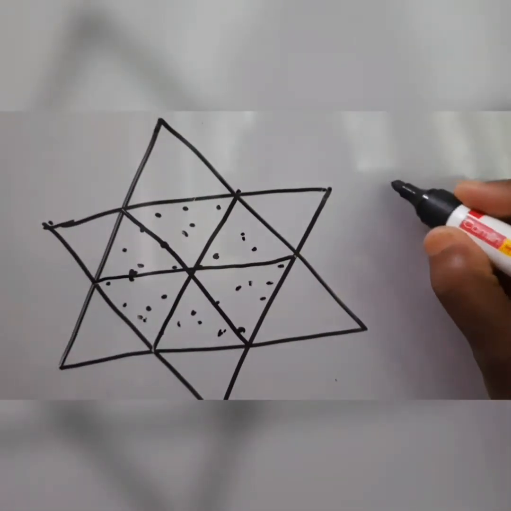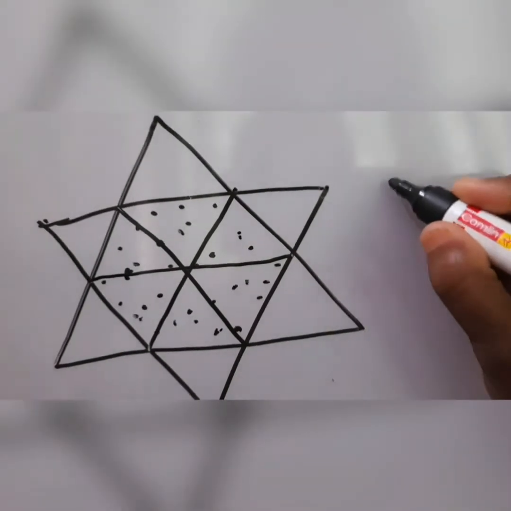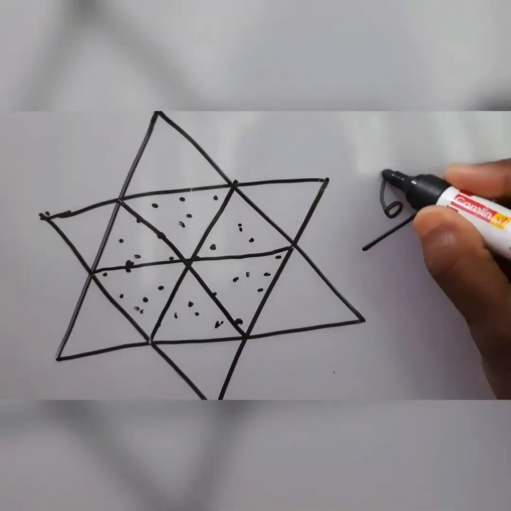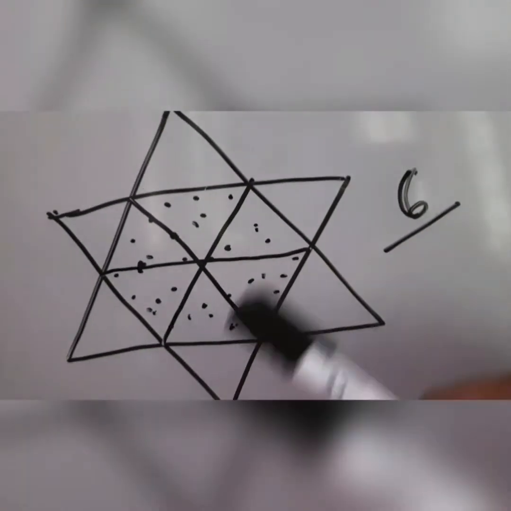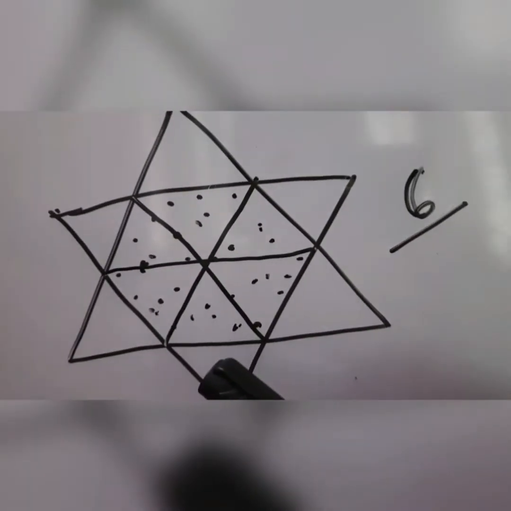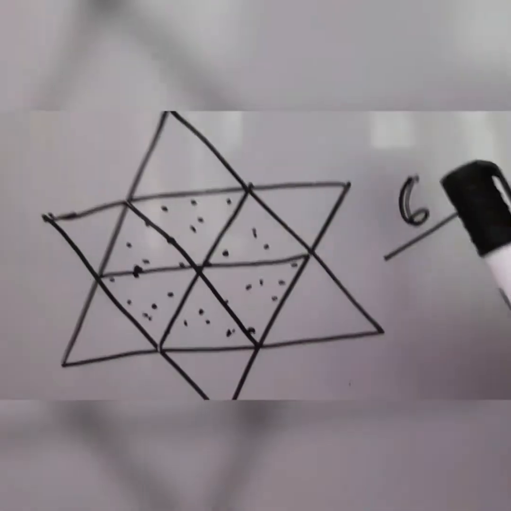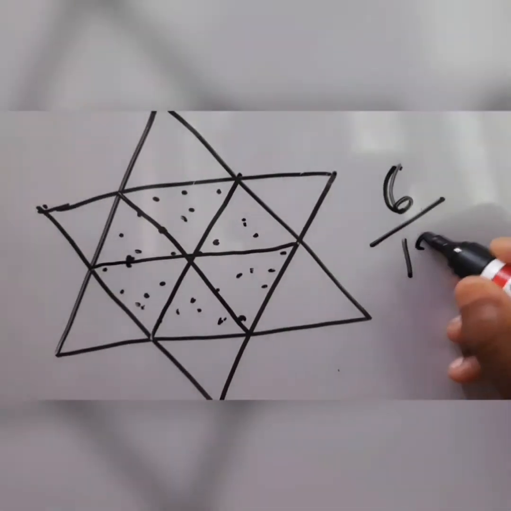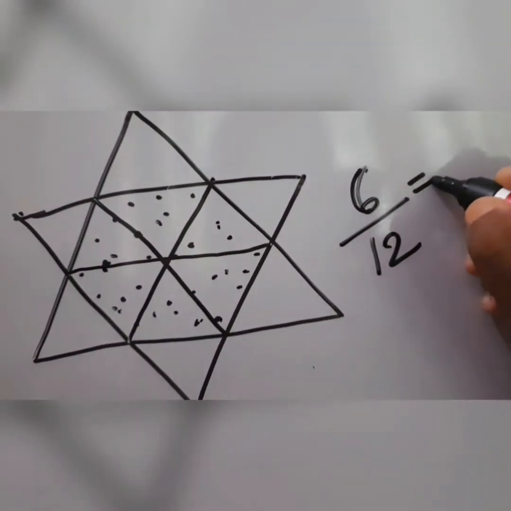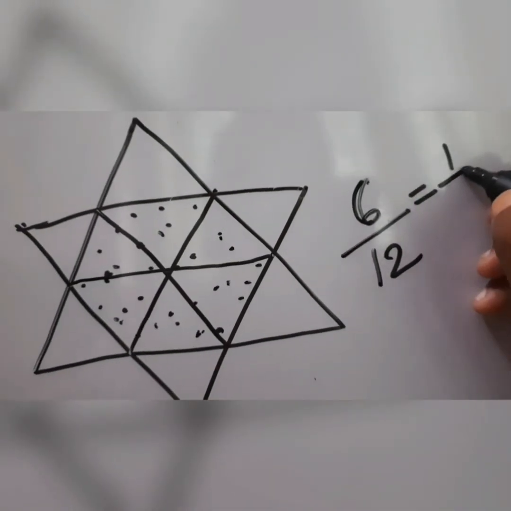What is the fraction of this shaded part? 6 upon the total pieces. Total equal parts: 1, 2, 3, 4, 5, 6, then 6 plus 6, 12. So the fraction will come 6 upon 12, that is 1 by 2.